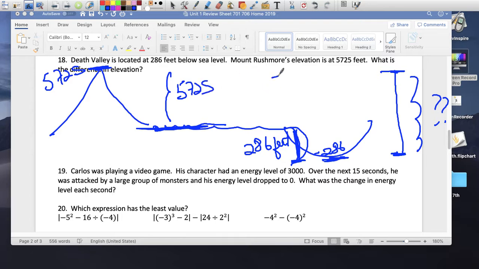So if I add those two distances, 5,725 plus 286, I'm going to get 6,011, unless my math isn't good, feet. That's the distance between Death Valley, if you're at the bottom, and you have to go all the way up to the top. On a straight line, it would be 6,011 feet.